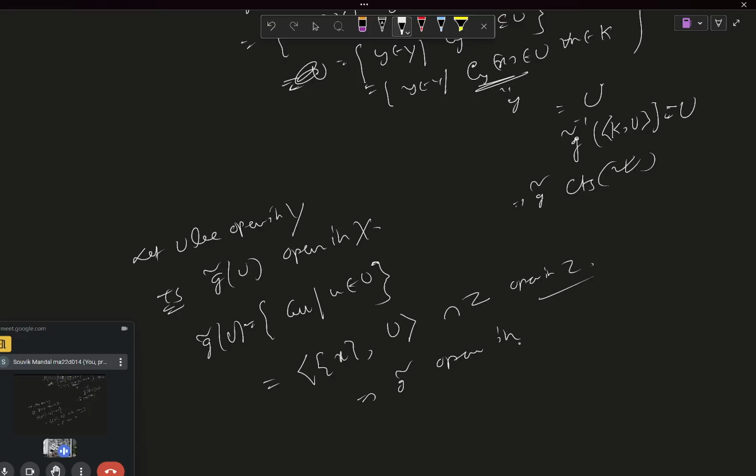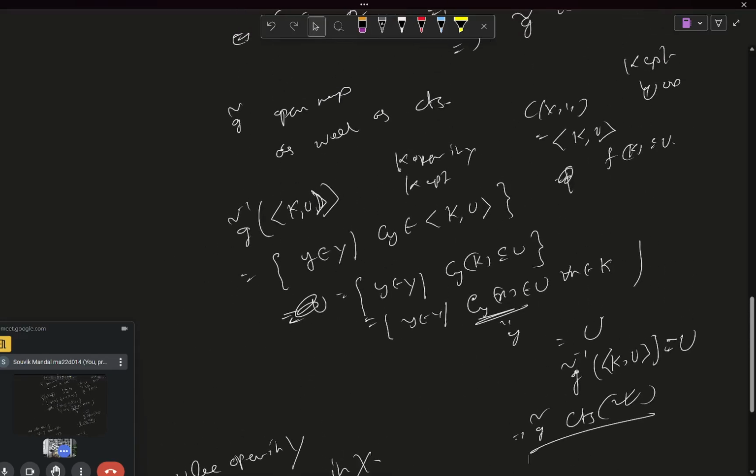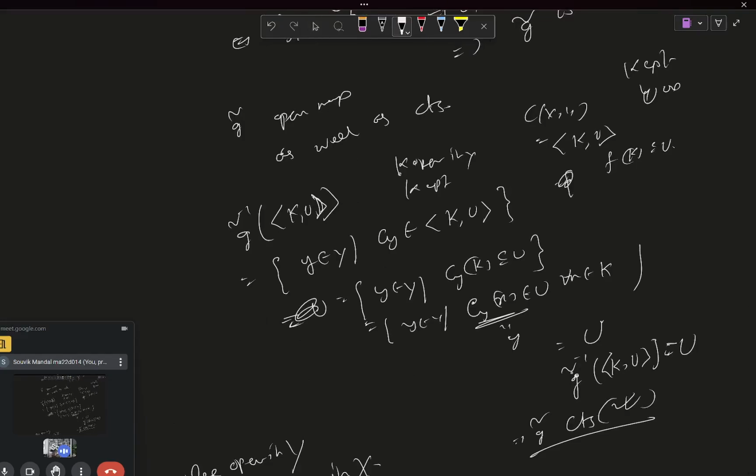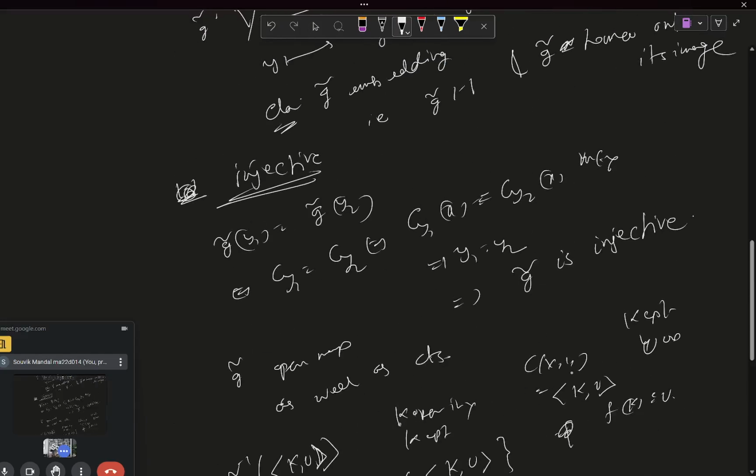So this implies g tilde is an open map. Okay. So g tilde is an open map, g tilde is continuous, and we have seen previously that g tilde is an injective map.